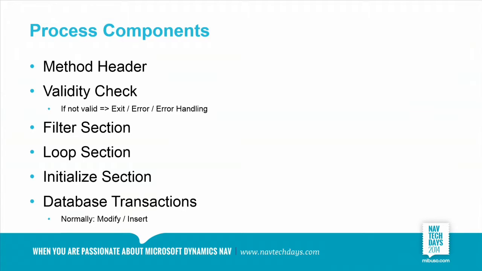And you can actually go through these code units and look for these process components. If one is missing, you can ask: is that an error, or does this method behave somewhat differently? So you can even analyze your actions just based on process components and say, hey, you don't have a loop here. Do you think that's all right?